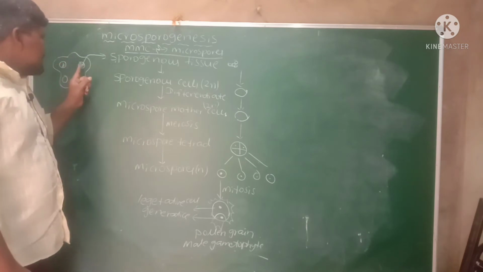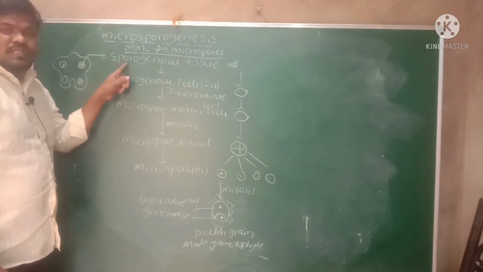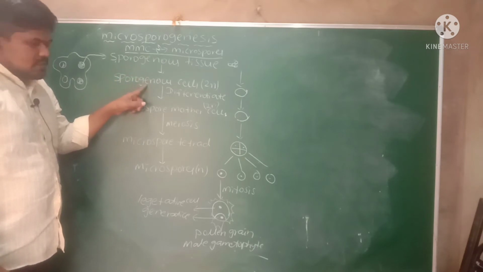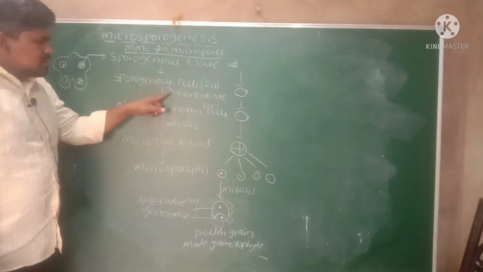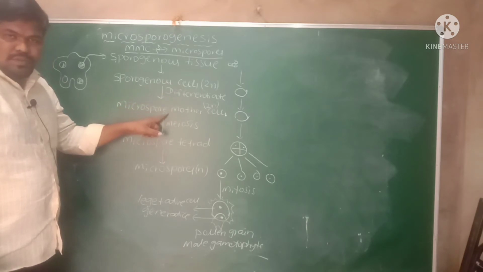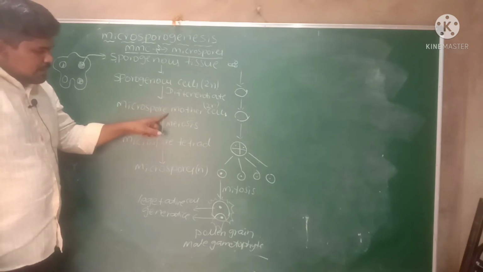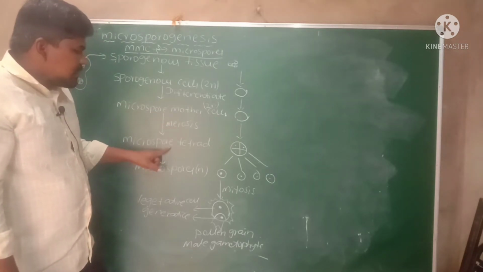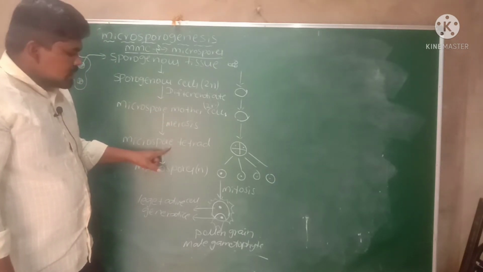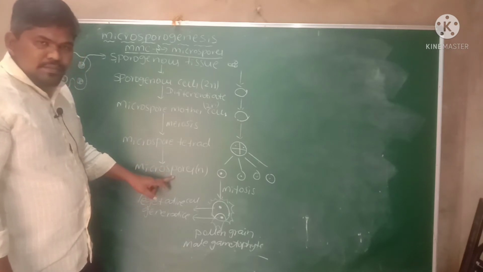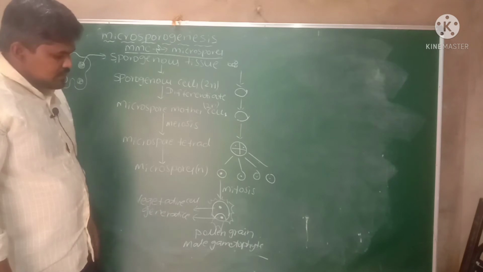In the anther, there is sporogenous tissue that contains sporogenous cells. Those cells differentiate and become microspore mother cells. The microspore mother cell is involved in meiosis and forms the microspore tetrad. That tetrad dissociates and becomes four haploid microspores.